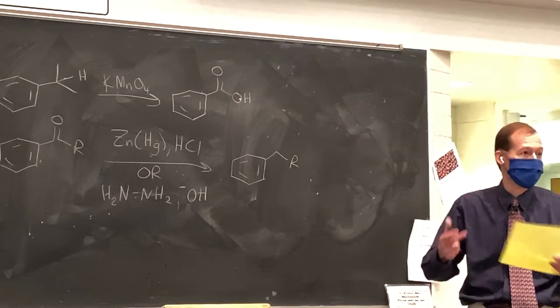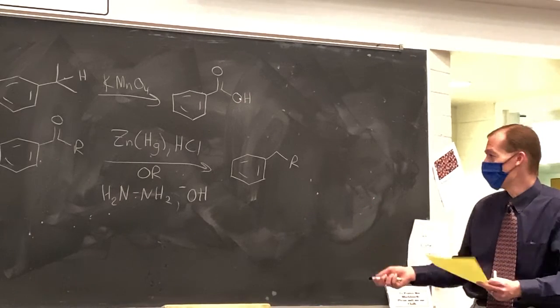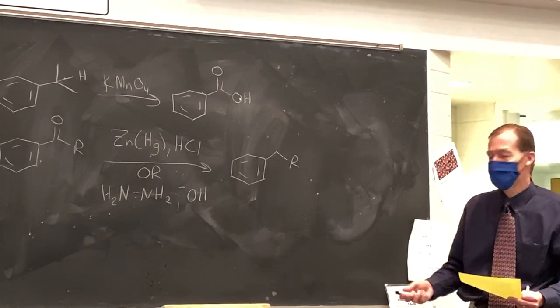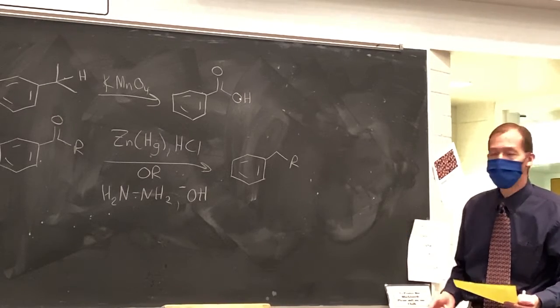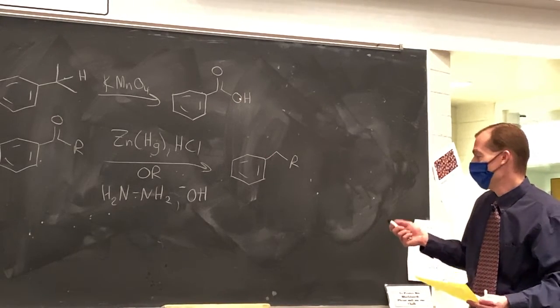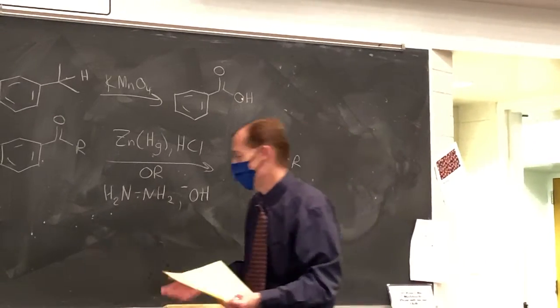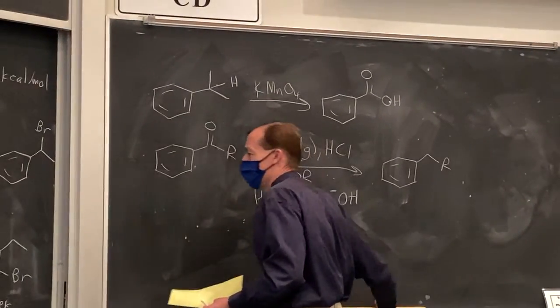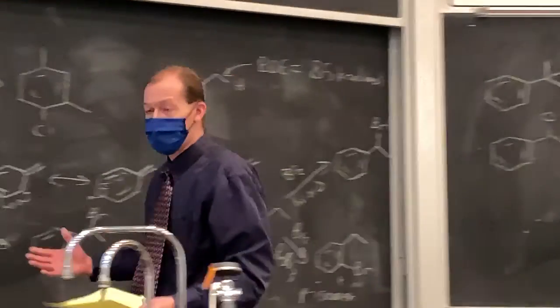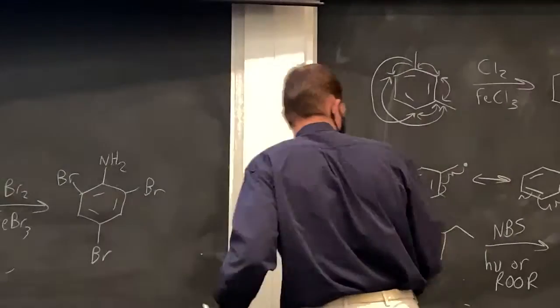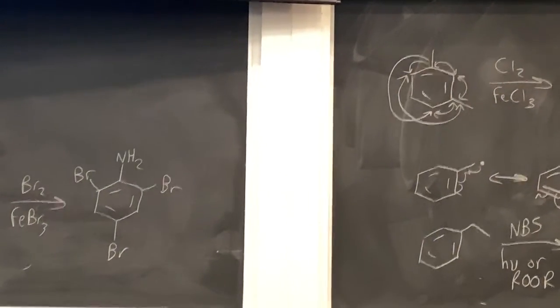So that's why we have two reliable methods of performing this reduction, where we're completely removing our carbonyl group and we're ending up with a primary alkyl group attached to our benzene ring. So why is this useful? Let me grab the eraser here.